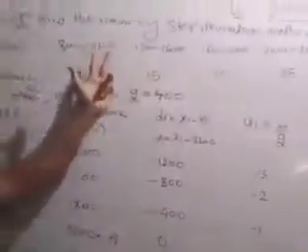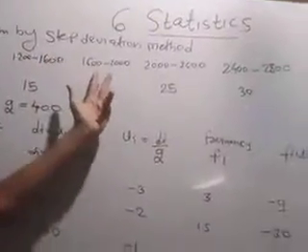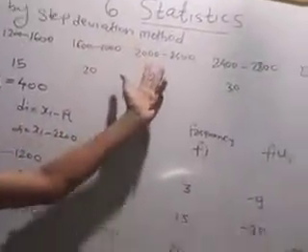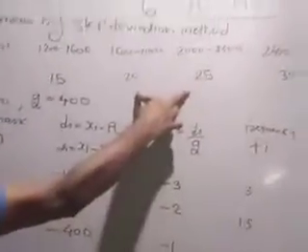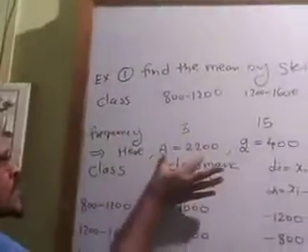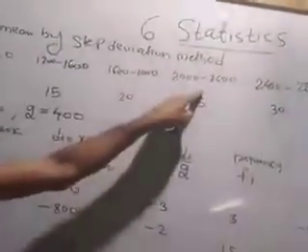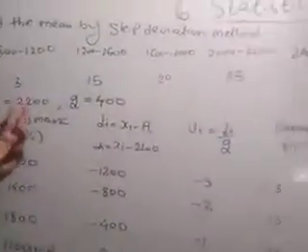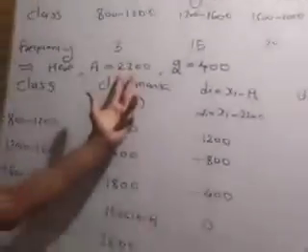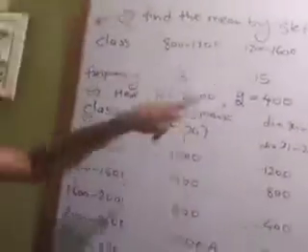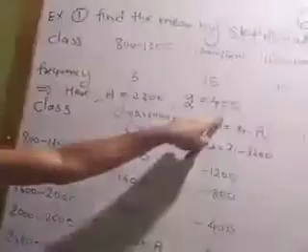So 1000, 1400, 1800, 2200, 2600, like this. We take any one of these as A. So here we consider A as 2200, and the difference between the class marks is 400, so the GCD will be 400. So g equals 400.